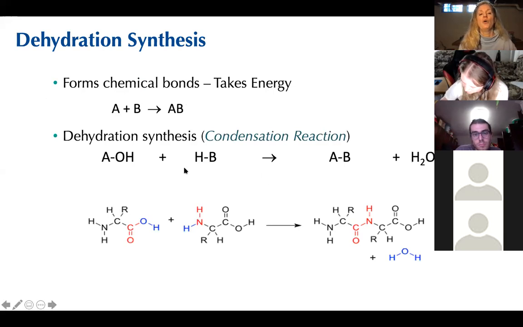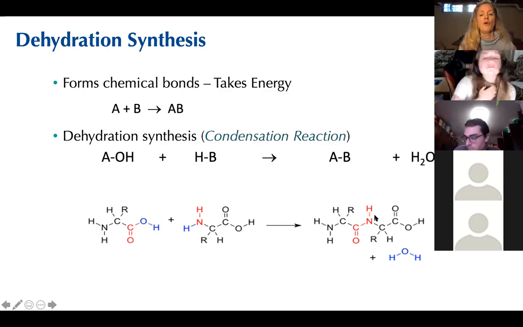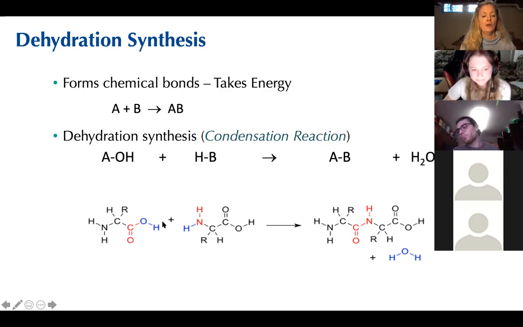Okay, so we're going to take A and B, and we want to join them together to make AB. And we do it usually by removing water somewhere off the end of the molecule. So if this is A, and it's got this carboxylic acid group, and we're going to combine it with this amino group over here, we're going to remove the OH and the H. So we're removing water, and we're going to form a new bond between this C here and this N here, right?